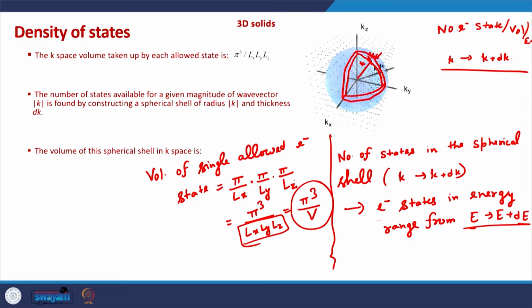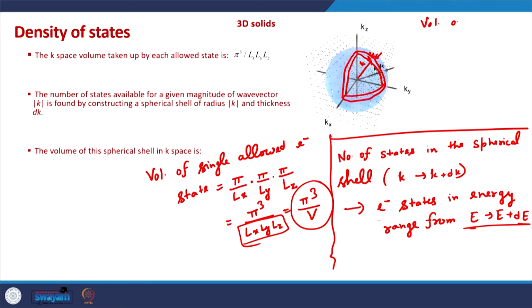Now, we are trying to find out the number of electronic states in the spherical shell. The volume of the spherical shell is 4 pi k square times dk, just this. So, we know the volume of a single state, and we know the volume of the spherical shell, so we can easily find the number of electronic states in the spherical shell by dividing the volume of the spherical shell by the volume of a single electronic state.